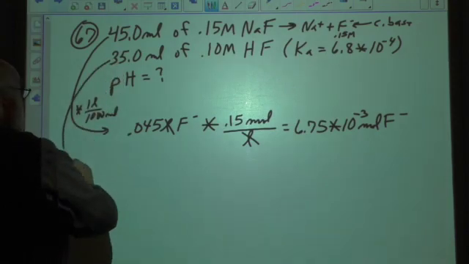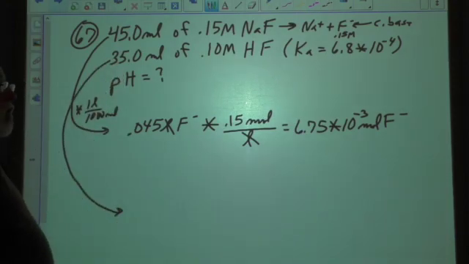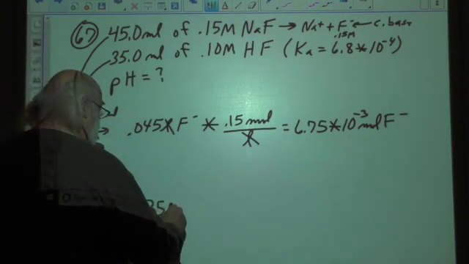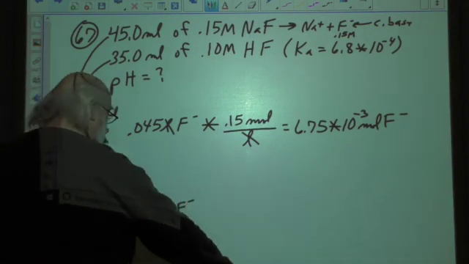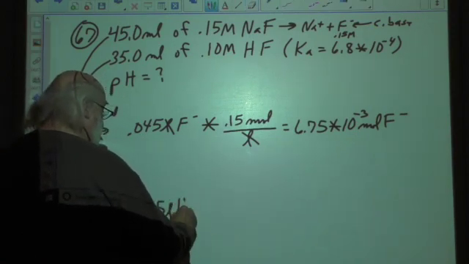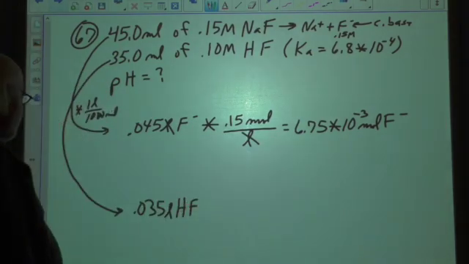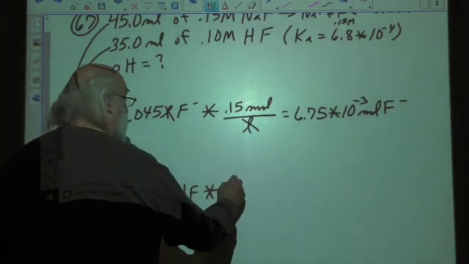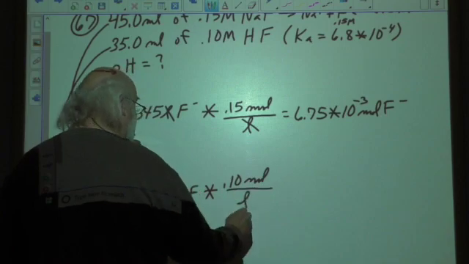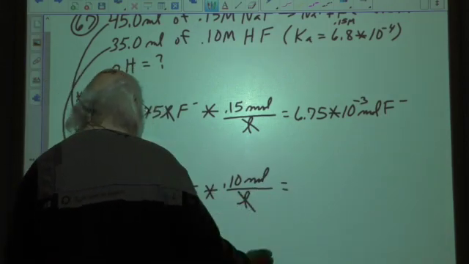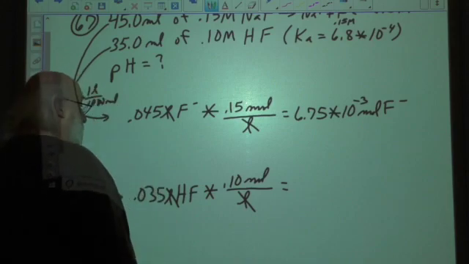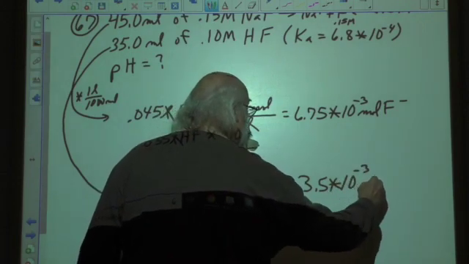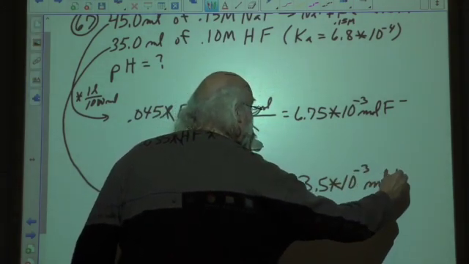Now we're going to do the same thing right here with the conjugate acid. We have 0.035 liters of, not F negative, I'm sorry, it's HF. Okay, and we multiply that by 0.10 moles per liter. Liters cancel out, and that gives us 3.5 times 10 to the negative third moles of HF.